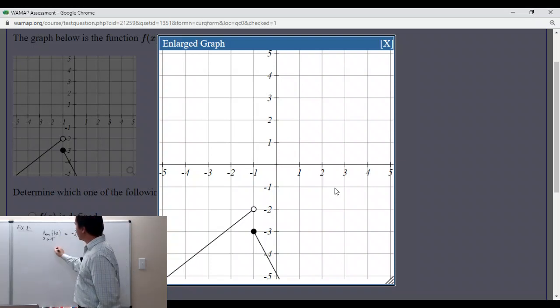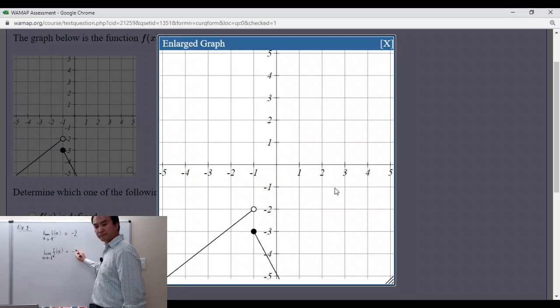And for the same function, if we let x come close to -1 from the right hand side, then this function comes to a limit of -3.